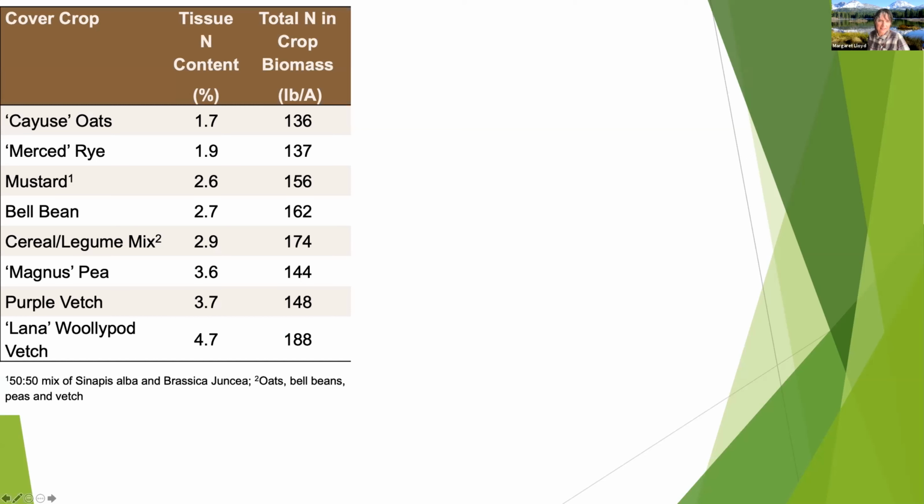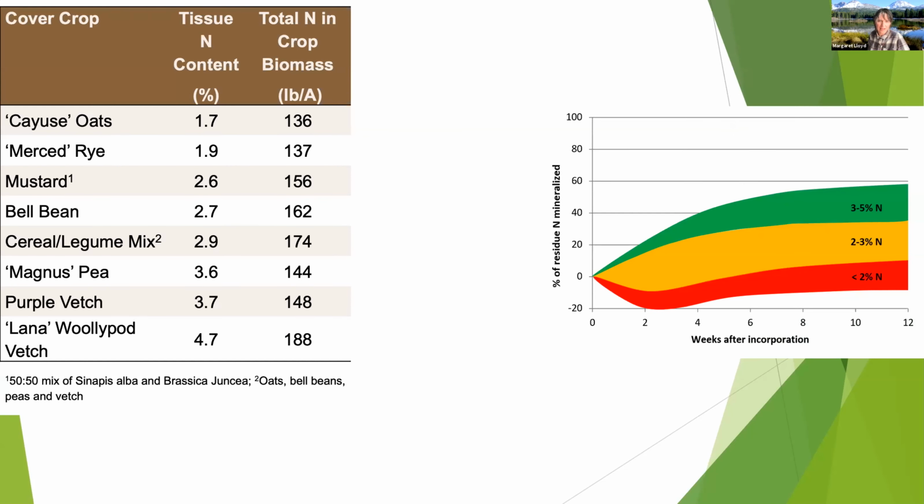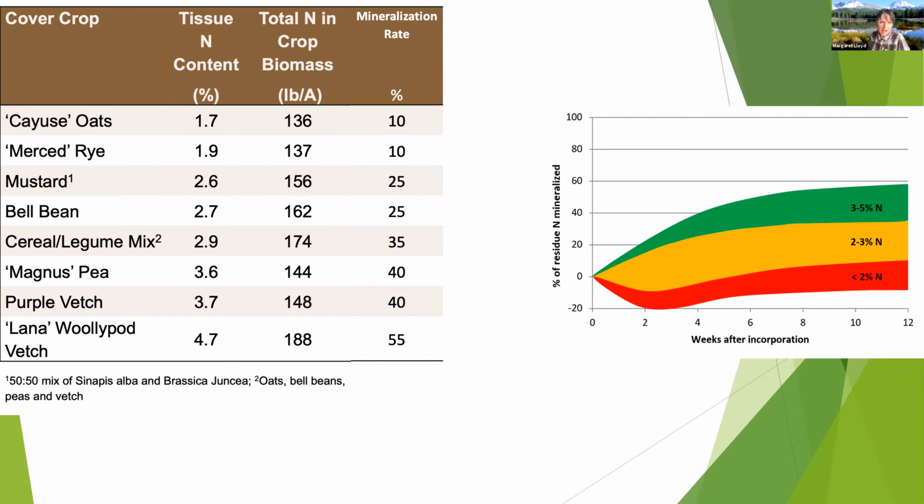So we look at the tissue N content, the total N in the biomass, and then visiting this figure, I'm going to estimate what that mineralization rate might be. So let's walk through this first one together. I have 1.7%, so that's going to be in this less than 2% band. And so if I draw this line over, I said that it had an estimated mineralization rate of 10%.